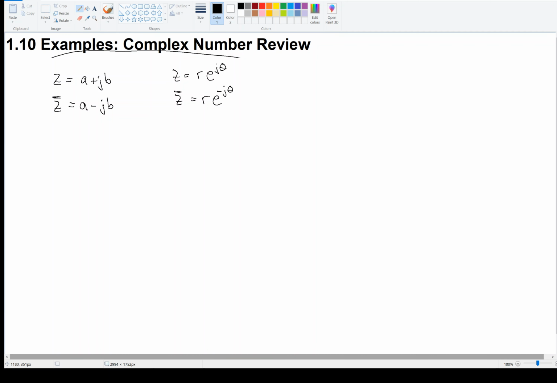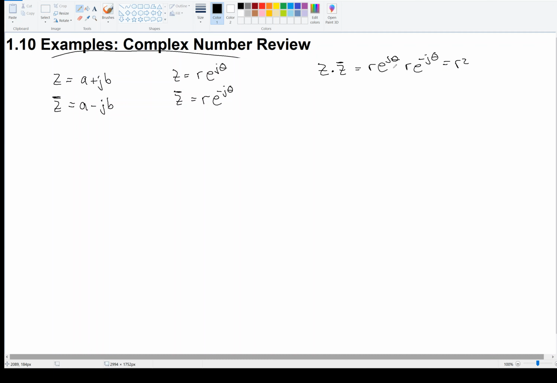And notice something really nice here, that when you take z times its complex conjugate, we'll do it in exponential form. So this would be r e to the j theta times r e to the minus j theta. This makes r squared.